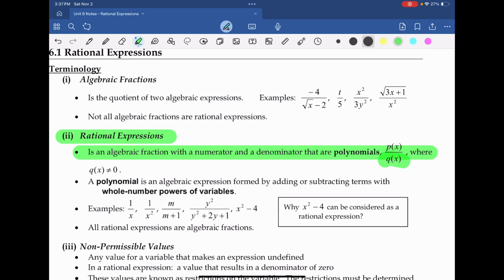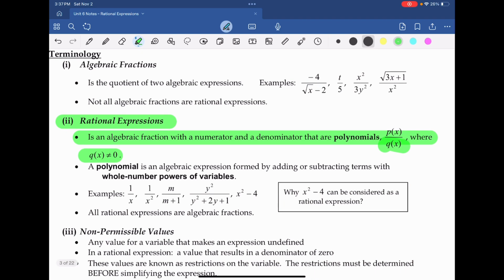All we care about is that they're typically defined in terms of x or some sort of variable, and that the denominator also can equal 0, but both of them need to be polynomials. Now, a polynomial is an algebraic expression of added or subtracted terms where they have whole number powers, variables, and no radical attached to them.